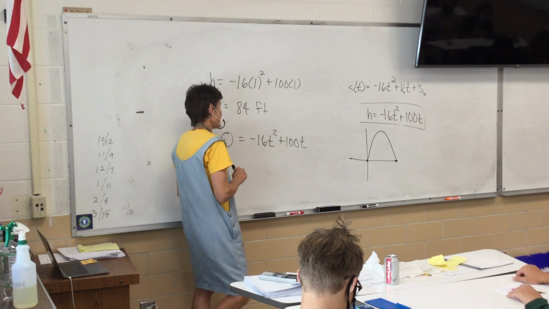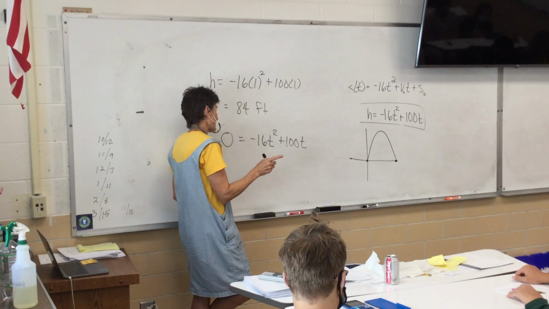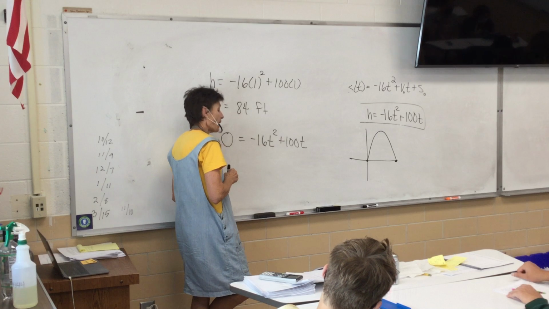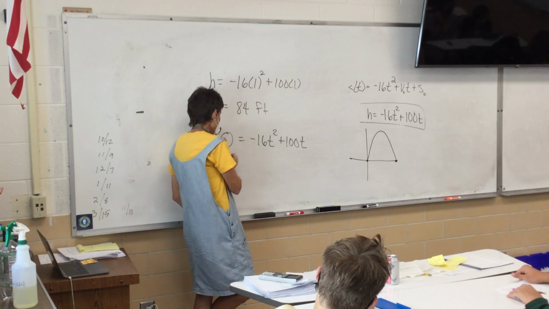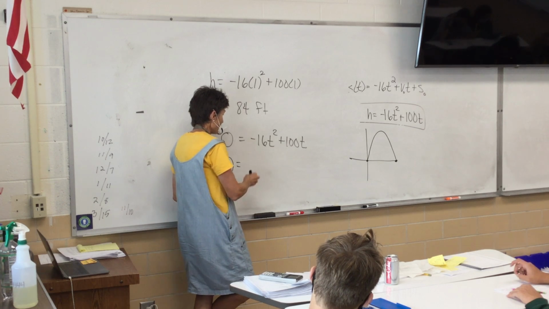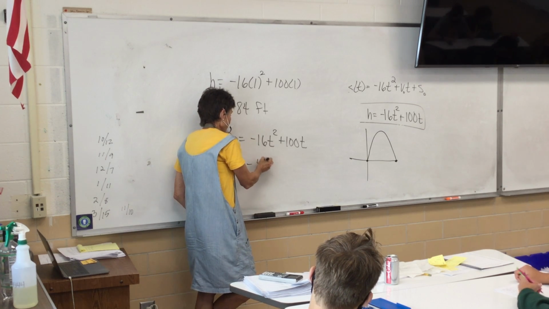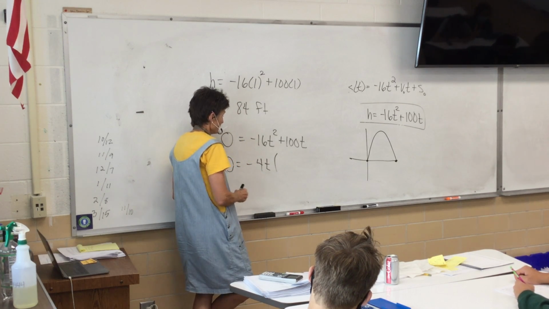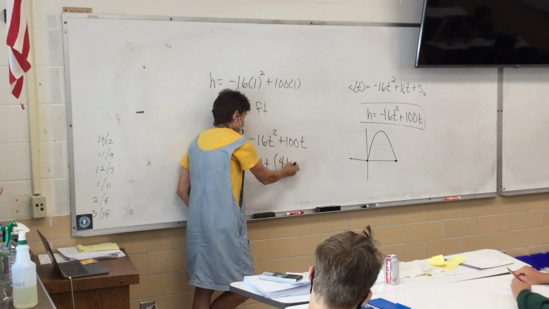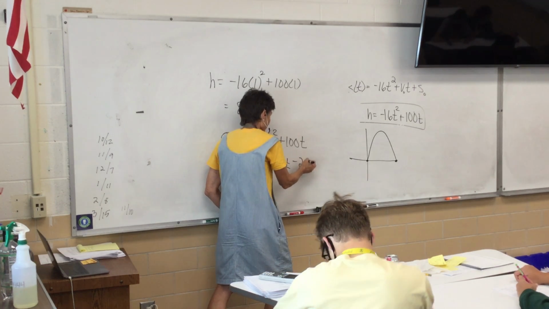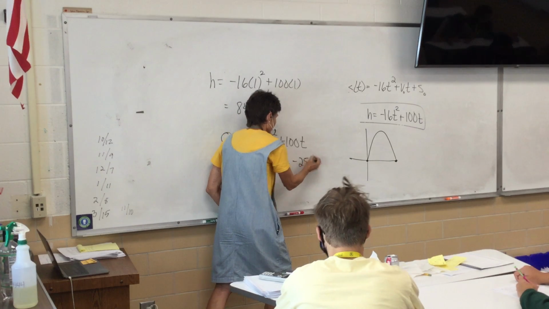Well, I can't really, I think what you're saying is, both of these have common factors, and I can pull out the common factor. So what can I pull out? A negative 4 and a t? That would be positive 4t because I pulled out the negative, but minus 25.